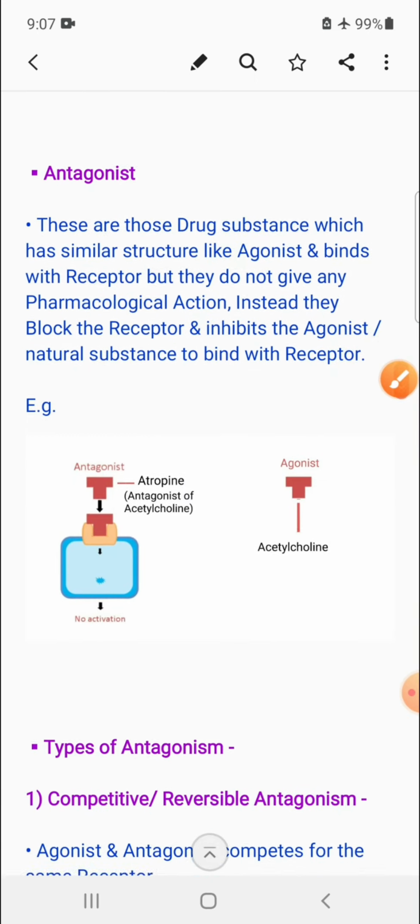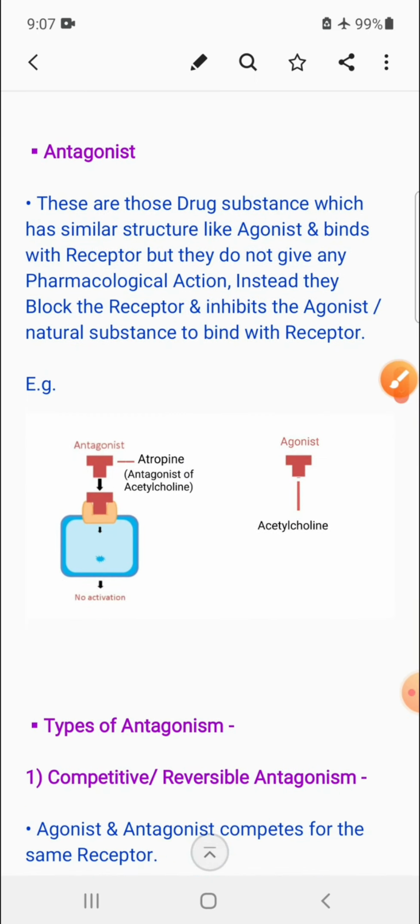The next term is antagonist. These are the opposite of agonists. Where an agonist drug binds at the receptor and activates it, an antagonist binds at the binding site and inhibits or stops the pharmacological action.